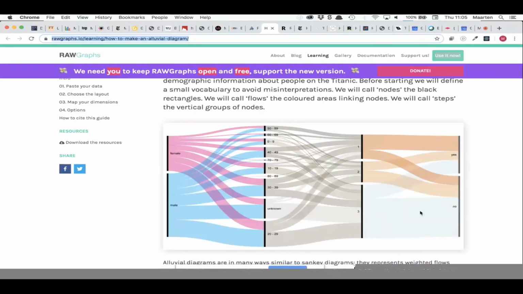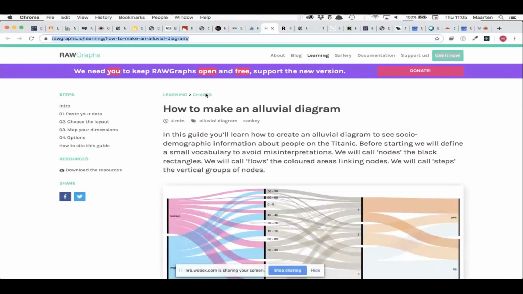the disaster. So this is on the website of the tool called Raw Graphs. There is a section about learning to work with Raw Graphs there. This is actually a tutorial that is describing how you can use the tool. I invite you to take a look over there.